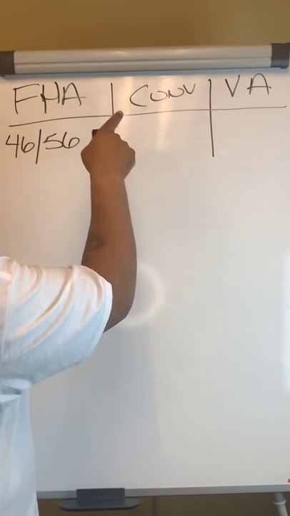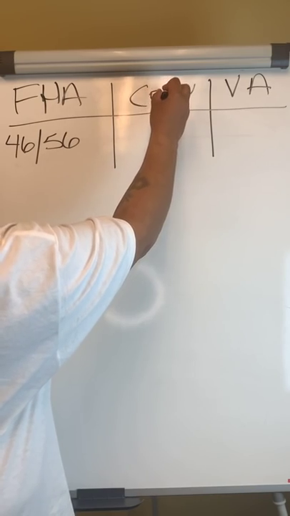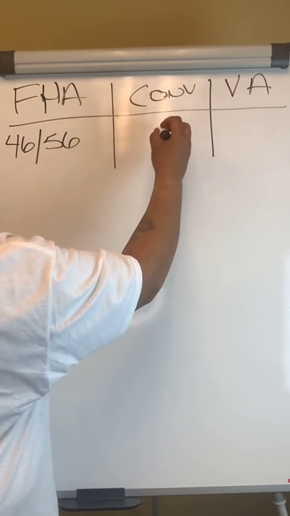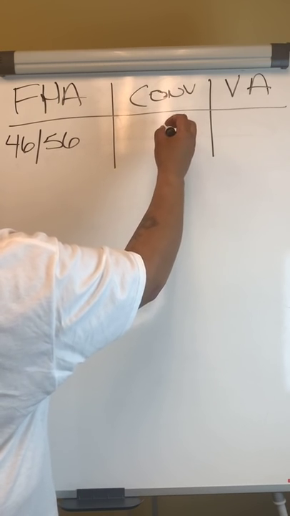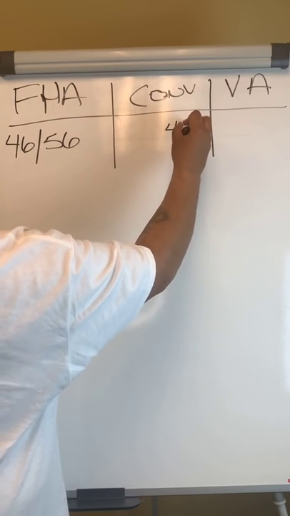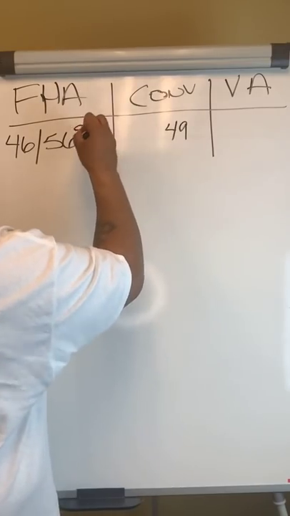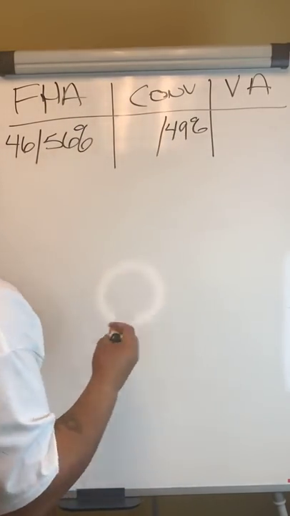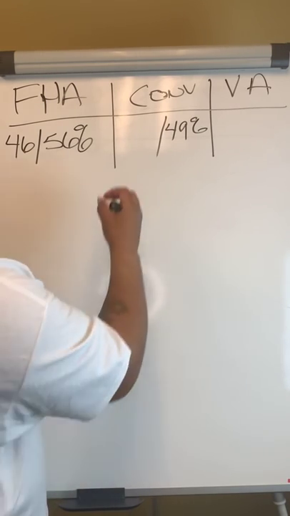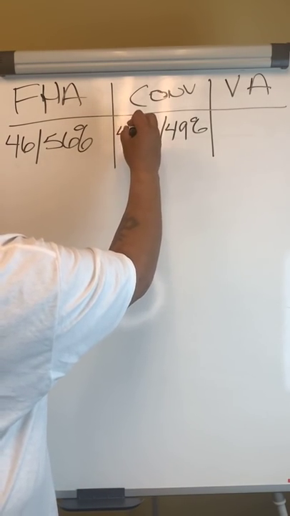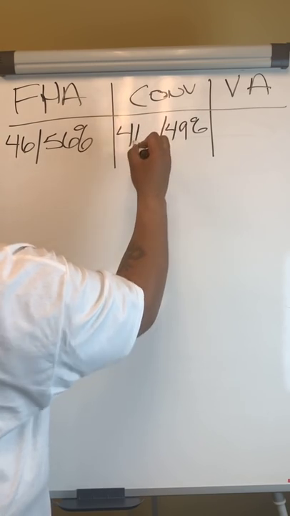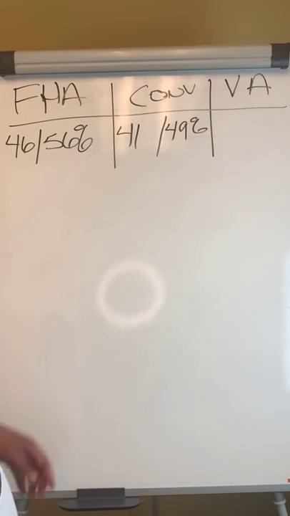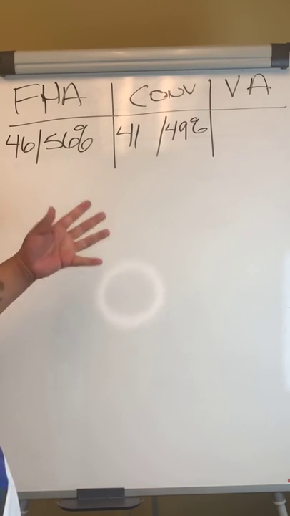Conventional is a little bit more tricky, right? It's a little bit more conservative. Really, you want to be on the conventional. Your back end, I would say 49%. And your front end, I've seen 42. But I would say if you like 41 over 49%, that kind of gives you a good idea, all right?